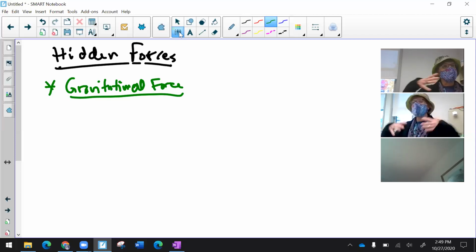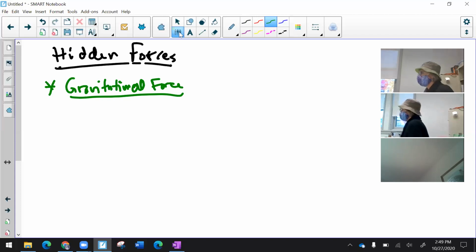They may tell you that the mass of the box is 5 kilograms. They may tell you the weight of the box is 50 newtons. But they're not going to come right out and tell you about that force. So it's your job to remember that that force belongs in the free body diagram.